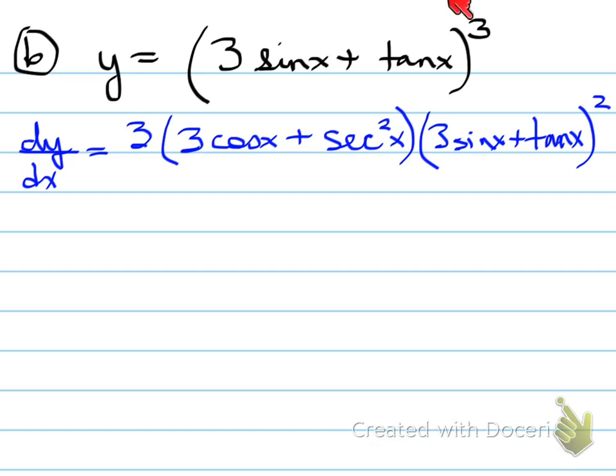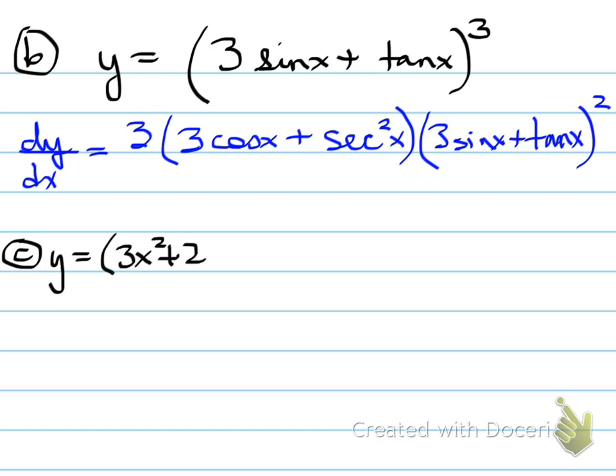The reason why is that we take the 3 to the front, that's where this came from. Take the derivative of the inside, that's where this came from. And then we multiply the inside times the inside with 1 less power, squared. And you don't need to simplify that any further. In fact, it would become more complicated more quickly. So we just leave that.